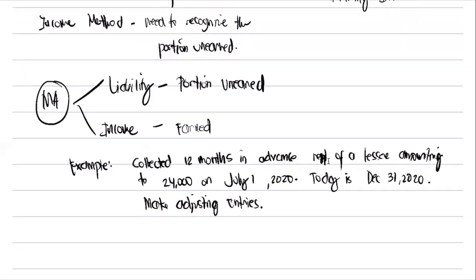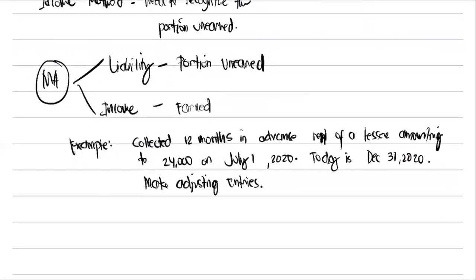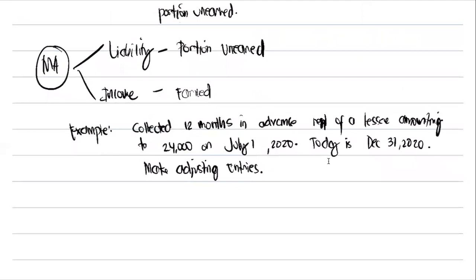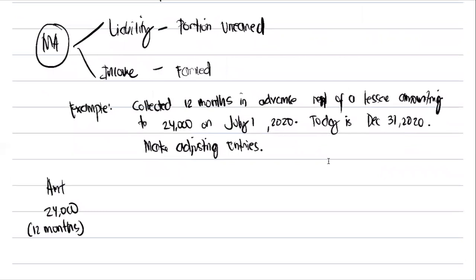Okay? So first, you need to know what is the amount of the mixed account. The amount is 24,000. This is good for 12 months. So how much is the per month? This is 2,000 per month.